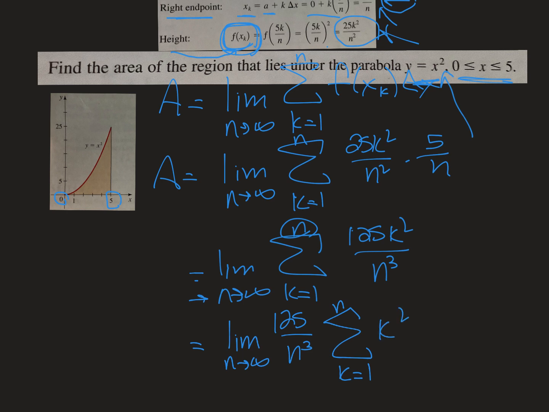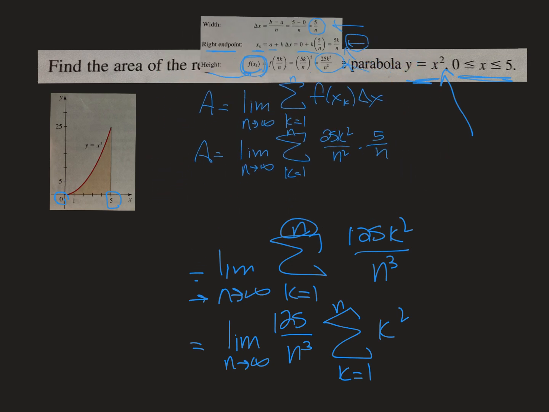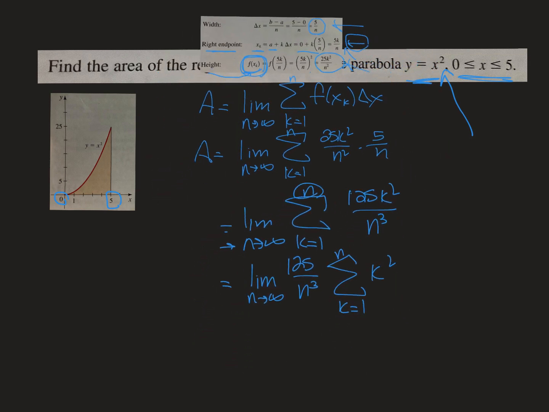All right, now that's beautiful because I got the k squared there. I got a summation of a square, which means we have a formula for that. Remember I told you to stop the video a few minutes ago and write down those formulas? One of them was for k squared. And this is where it's going to come into play, on every one of these that you do, because you're going to do a summation every time. So I'm leaving the 125 over n cubed out here.